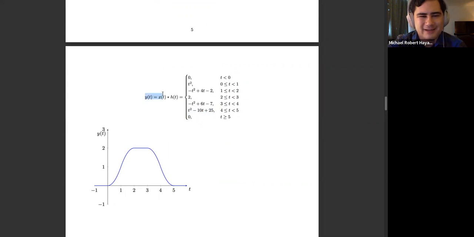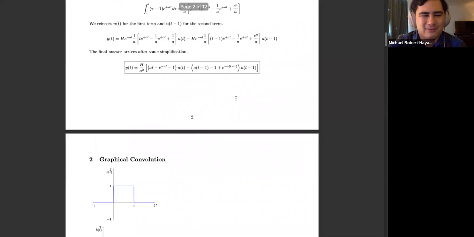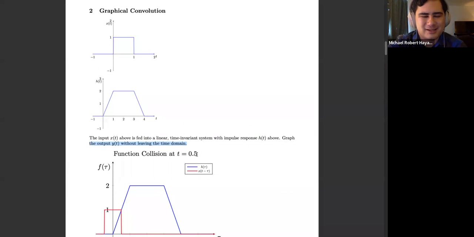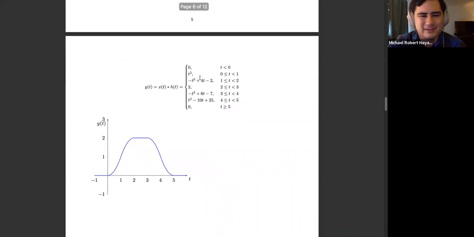So if you were to write this out, okay, figure out what y of t is, it just says, find y of t, we could do this. But it wants us to graph y of t. And instead we get something like this. This is like impossible to do without a graphing calculator. So this would be a little too hard to put on the exam, at least the trailing edge parts, because these are not nice quadratic equations.